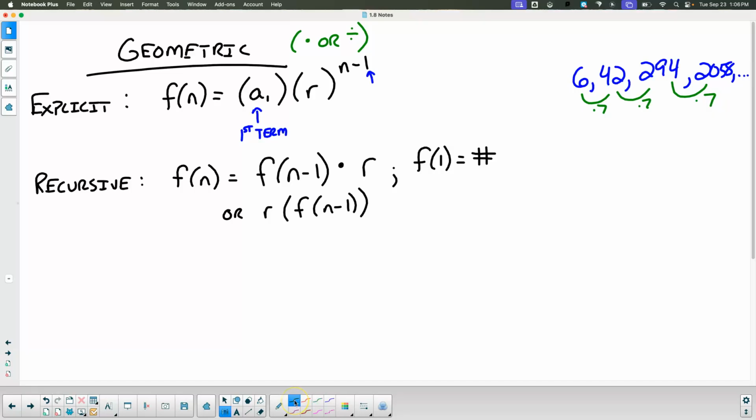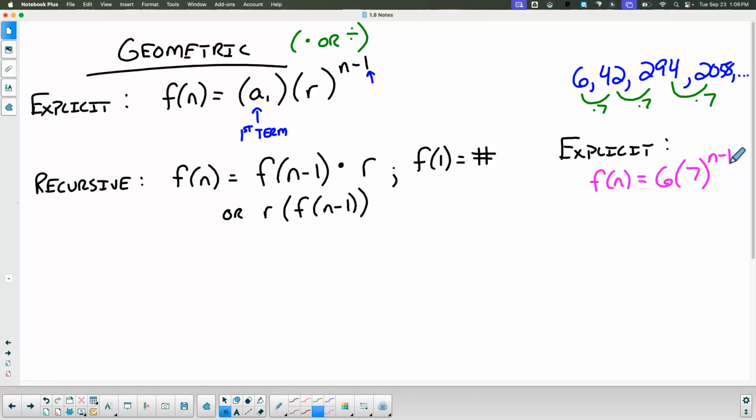So my explicit would be f of n equals 6 times 7 to the n minus 1 power. Or I could have 42 times 7 to the n minus 2 power. Or I could have 294 times 7 to the n minus 3 power.